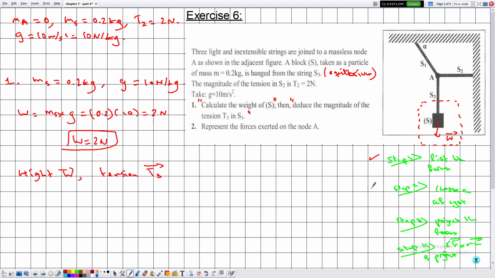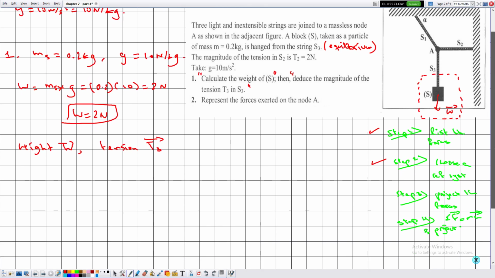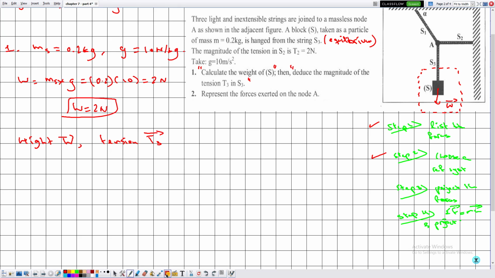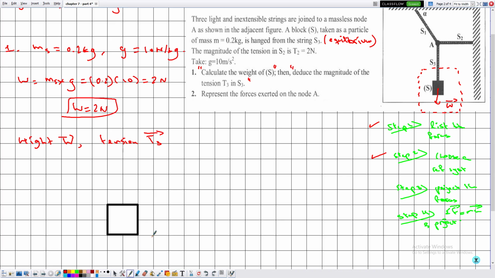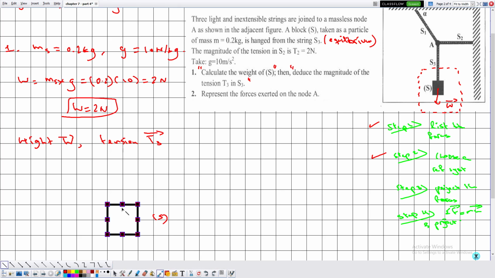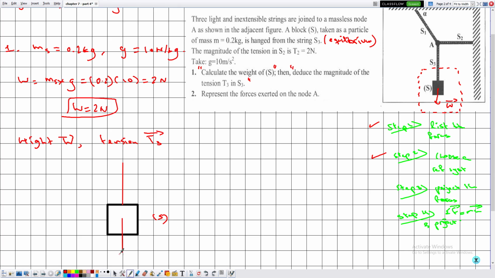Now let's refer to step number 2 in order to choose a reference system. So suppose that this is the box S. Here we have the tension, which is vertically upward like this, and we have the weight acting from the center of gravity because it's a force acting from a distance. This is the weight. This is string S3.